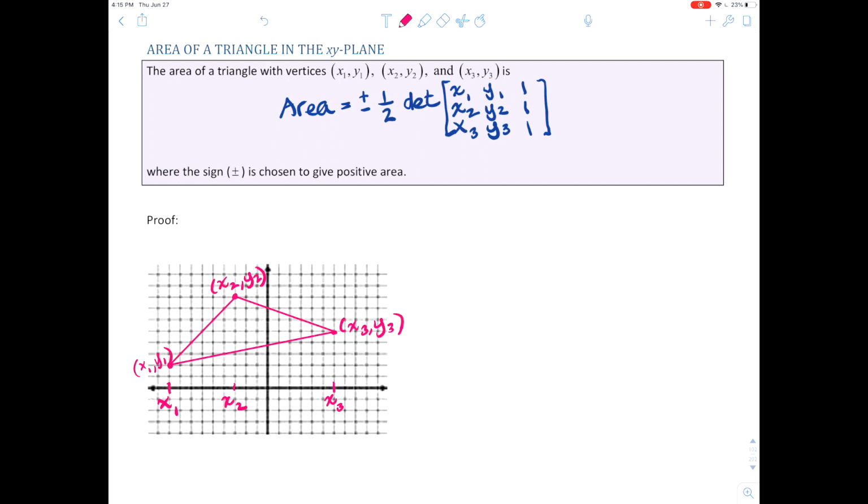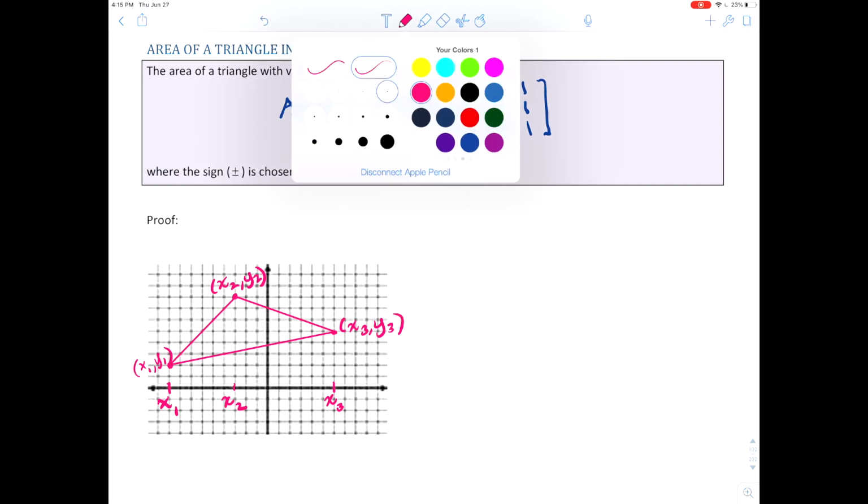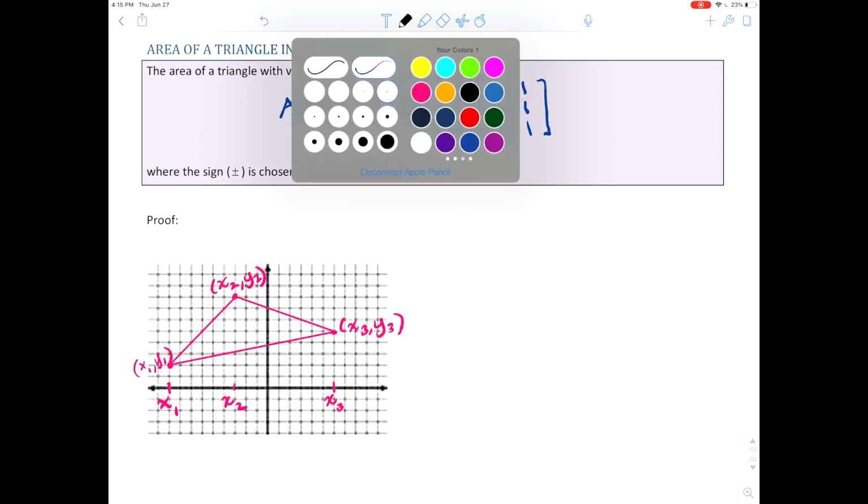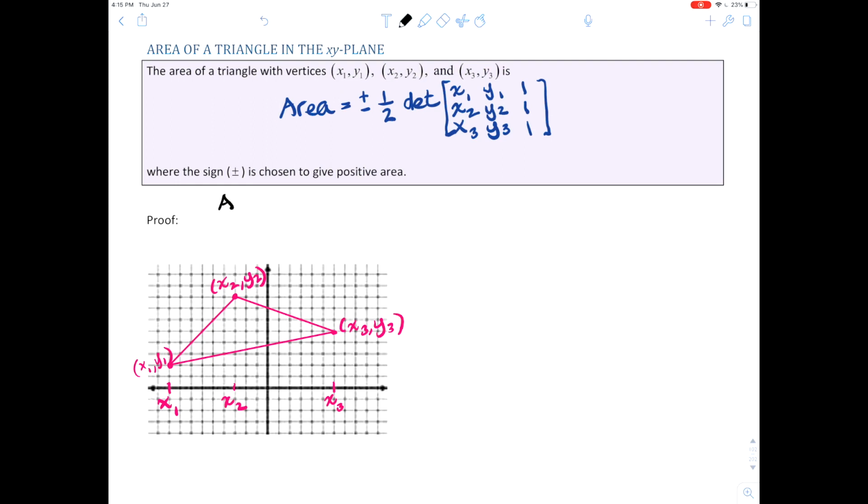So now, let's show you why this works. Recall that the area of a trapezoid is equal to the average of the bases, base 1 and base 2, times the height. This is how I like to do it.